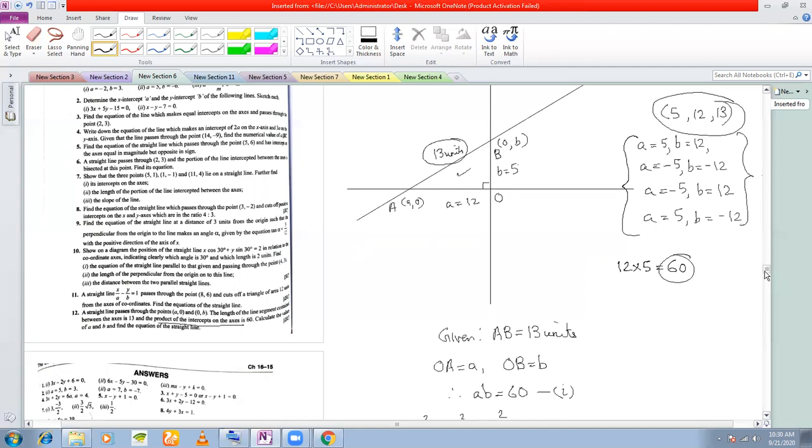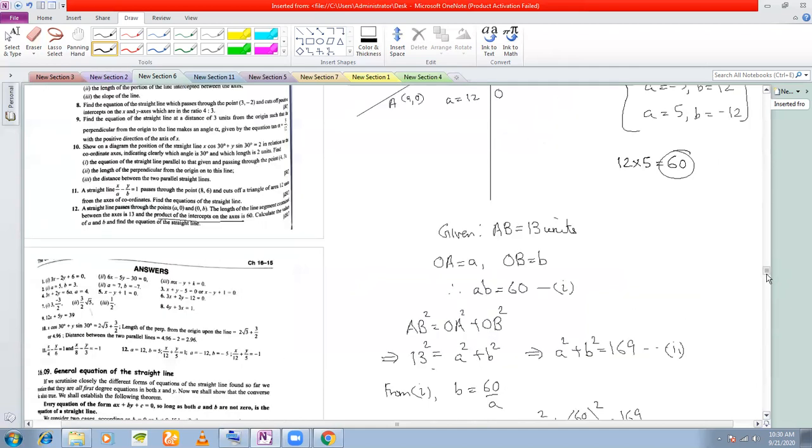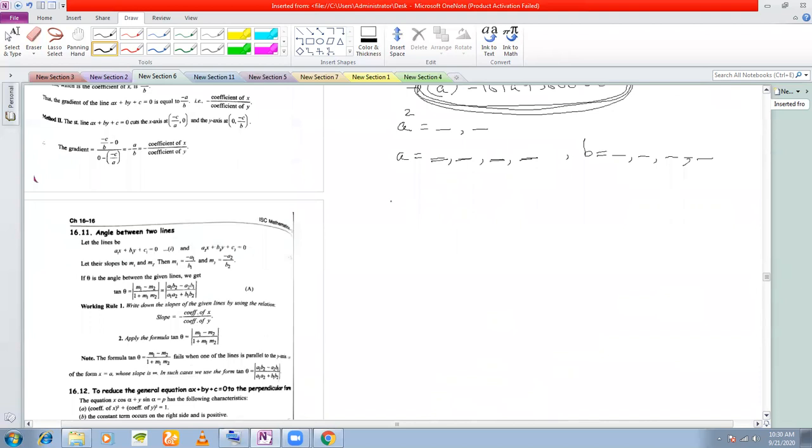So the question is to find the equation of the straight line. Once you have found A and B, what are the equations of the straight lines? It can be x by A plus y by B equal to 1. That means A and B both can be positive.